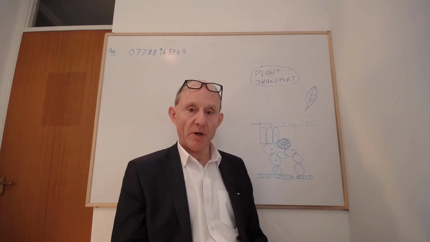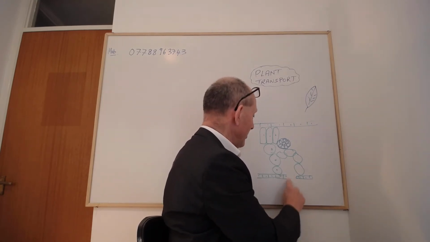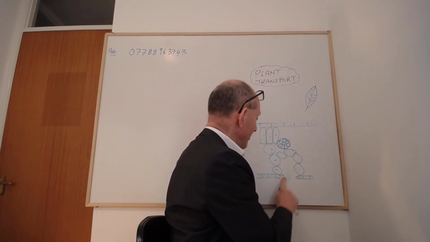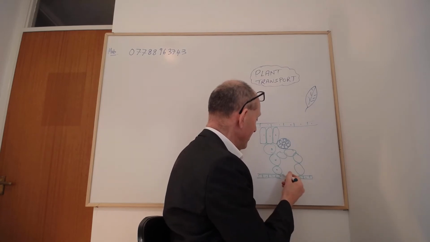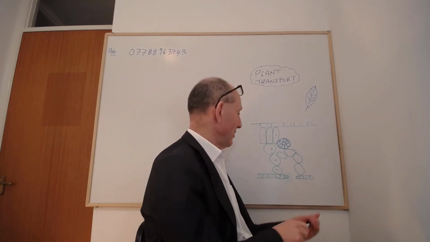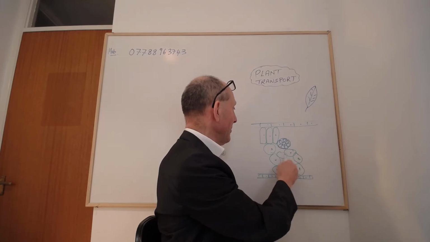So essentially, how we go about talking about the cohesion tension theory is as follows. So rather a big stomata there, but that'll work okay. So this is our stomata here. These are spongy mesophyll cells.